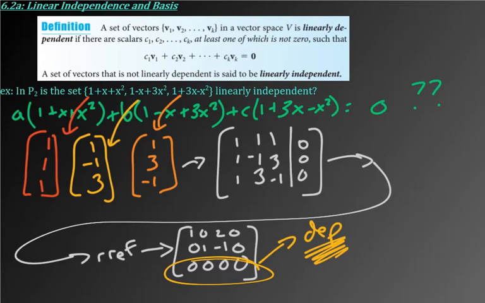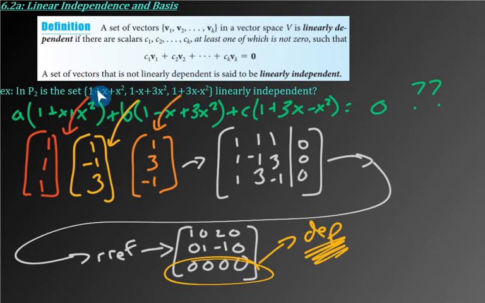So this is a really quick, easy way to solve a problem that seems really complicated. If someone asked you, can you build this quadratic out of these ones, I might just jump to this kind of argument and say yes, because I can see there's some sort of dependence relationship going on here, so I shouldn't need 3 vectors.